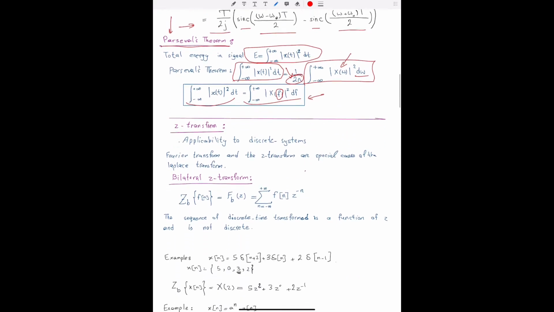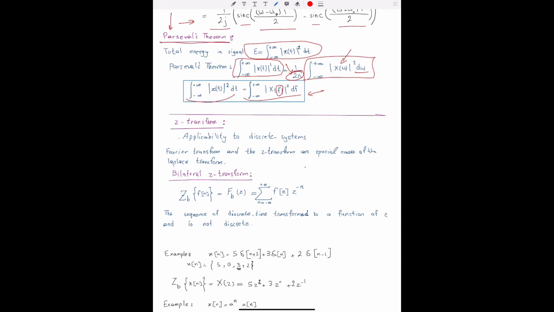So we're done with the Fourier transform, and we introduced the properties that were left from the previous lecture. Now we want to introduce a new concept, which is the Z transform.